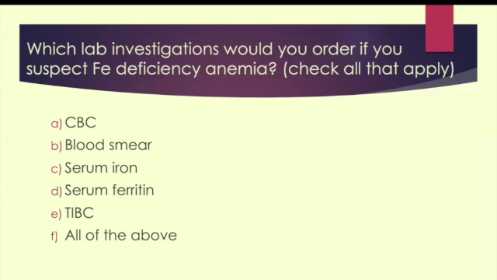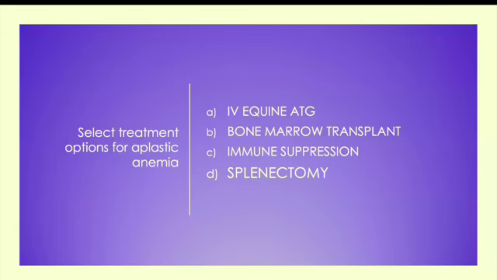I would do all of the above. Oh, just total iron binding capacity is enough just to see if it's suspicious of iron deficiency anemia. Yes. So, what are some options for aplastic anemia treatment? So, it would be these first three here.